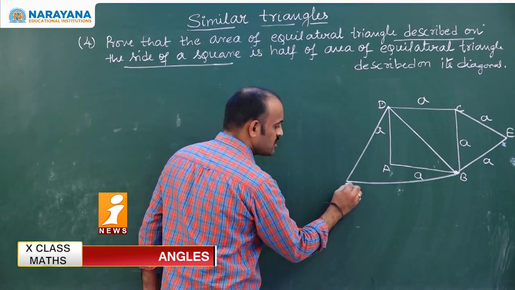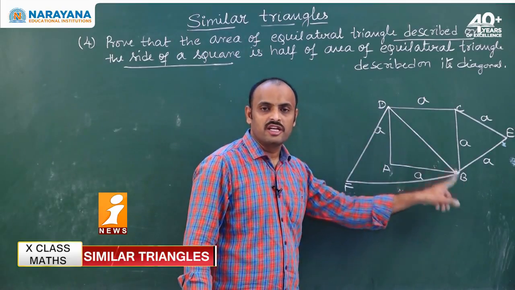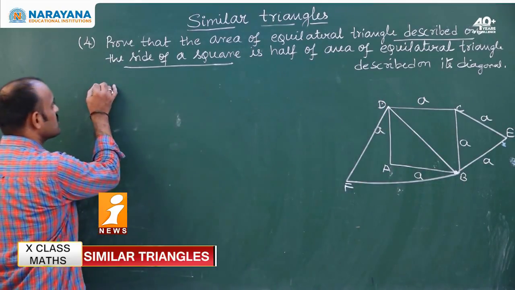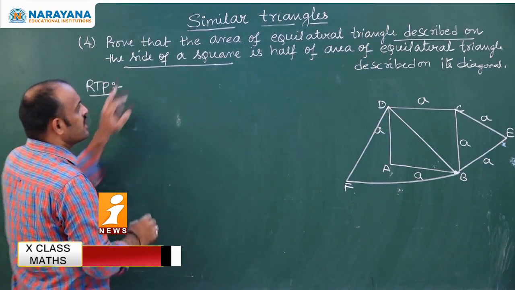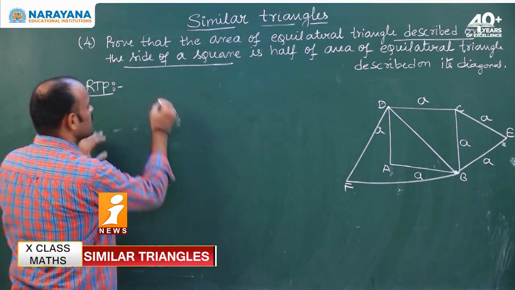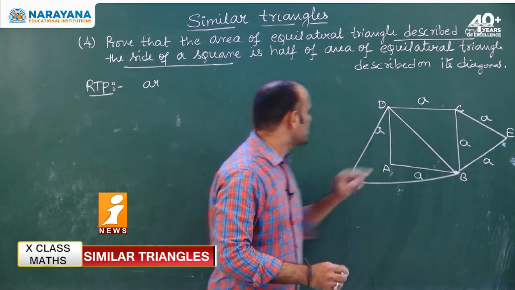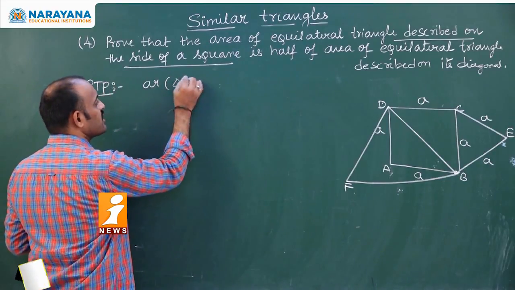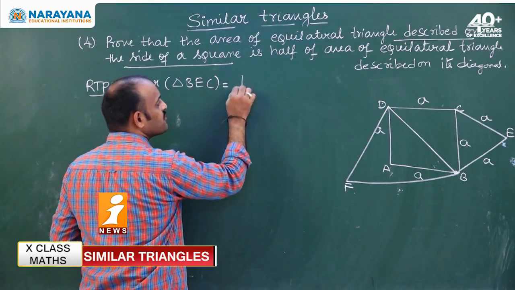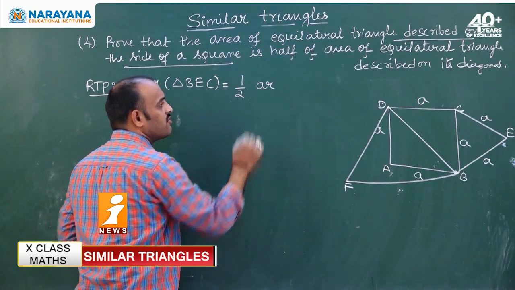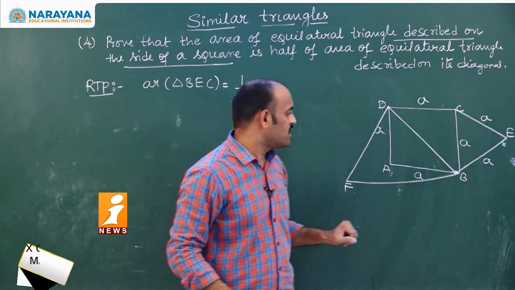That means with BD as the side, I need to draw an equilateral triangle. So here is the area of the equilateral triangle described on the side, what we have considered as BEC. I need to prove that area of triangle BEC is equal to half of the area of the equilateral triangle described on its diagonal.